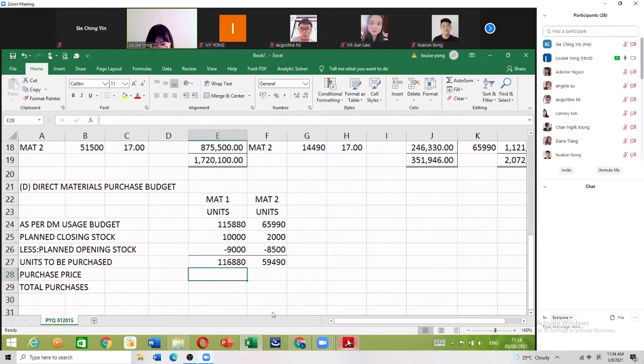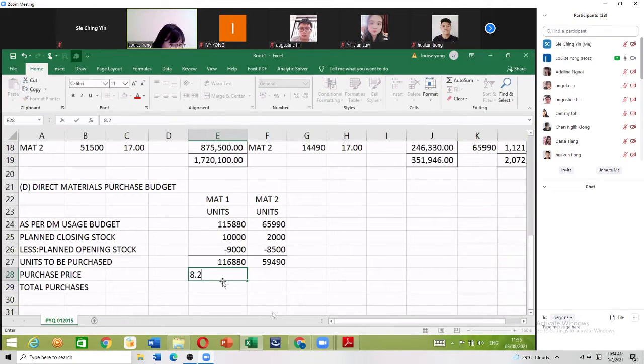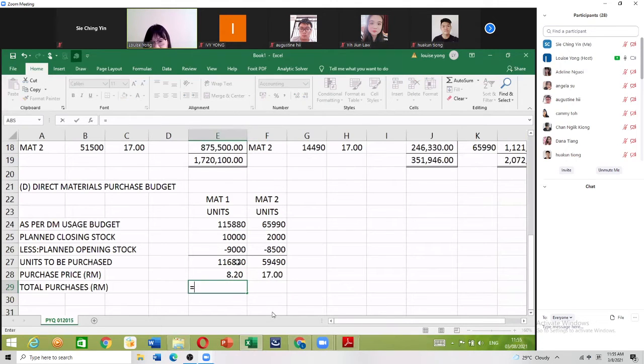The question gives it to you: 8 dollars 20 and 17 dollars. So this is $8.20, and this is $17. Here you can put RM. Total purchases you can also put in RM. Here multiply by your purchase price. Then after that, copy and paste it.